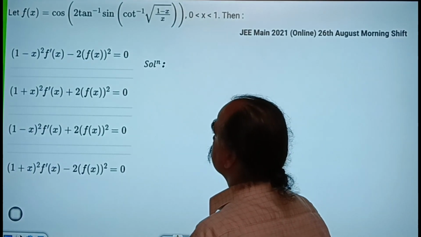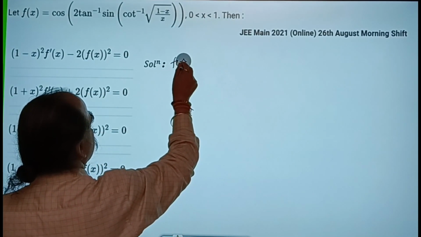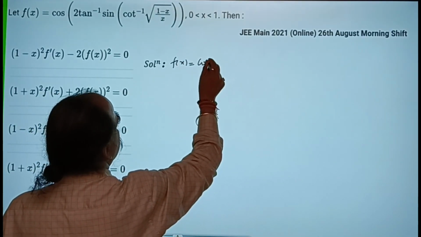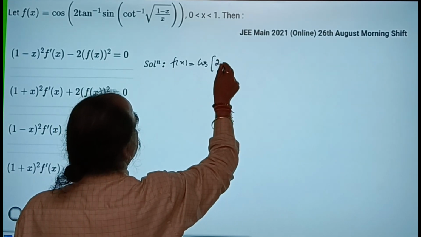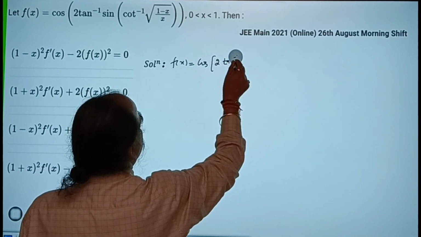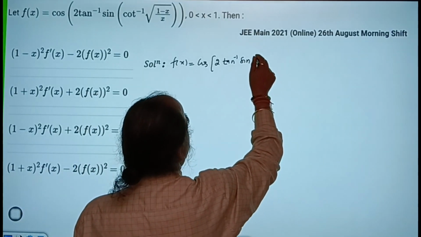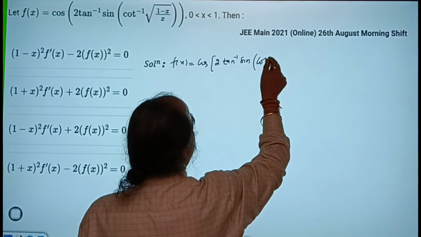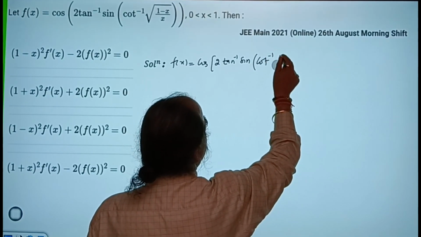f(x) is cos of 2 tan inverse of sine of cot inverse of root (1 minus x) upon root x.